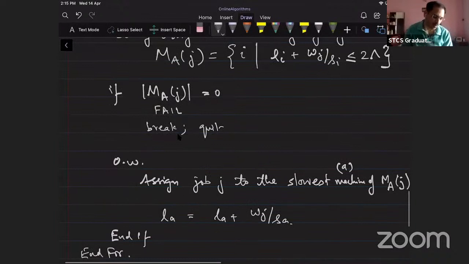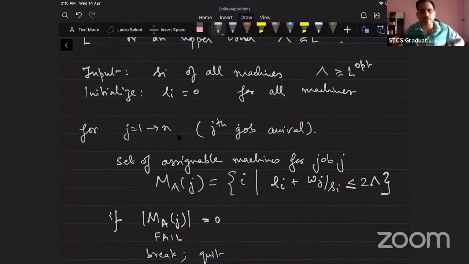Okay, so let's go over the algorithm. It's a very simple algorithm. Whenever a new job arrives, it tries to find all the machines where this job is assignable. The assignable condition means: after assigning this job to that machine, does the total load remain below 2 times delta, or 2 times lambda, or not? If it is, then it's assignable.